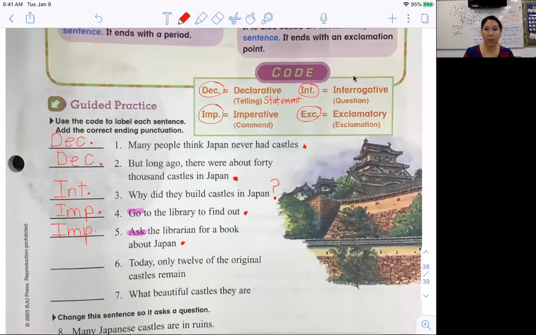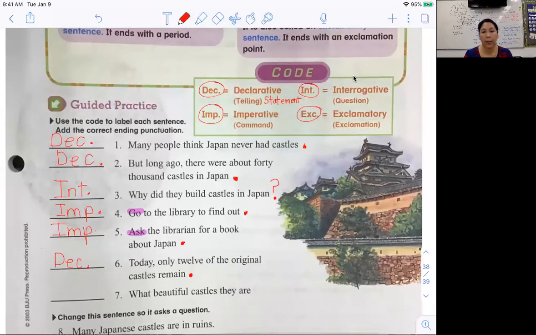No, probably not. Yeah, it's just declarative. It's just telling us a fact. It's telling us a statement and some information. What goes at the end of declarative? Period. So guys, look, so far they've all been periods, except the only one was the question mark because interrogative is question. Okay, let's look at number 7.